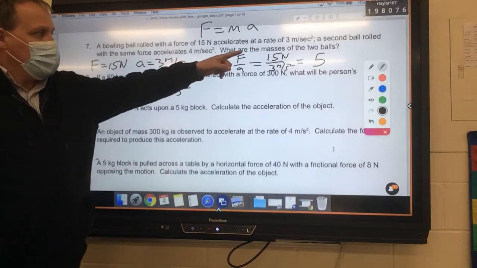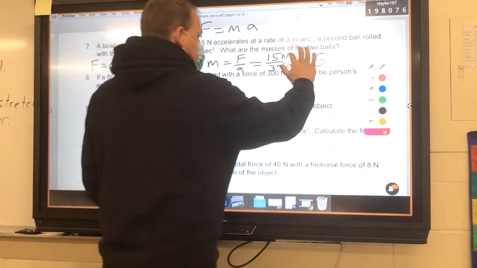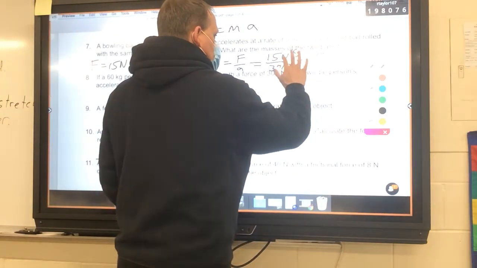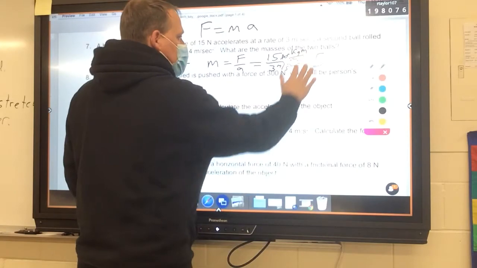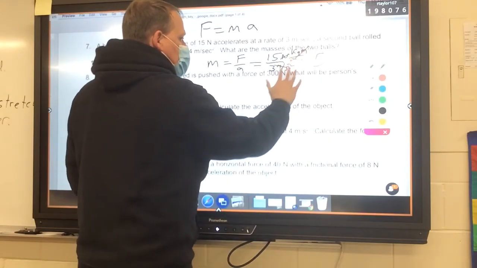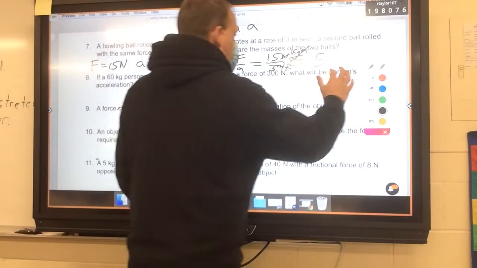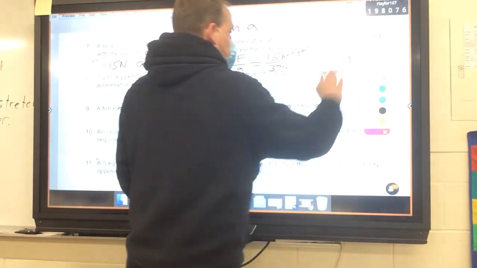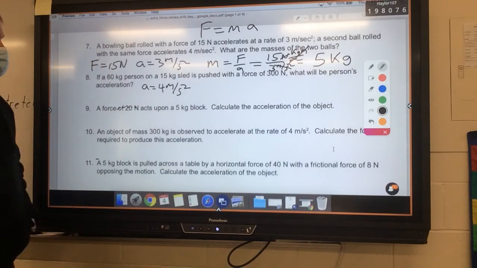But once again, a newton is a kilogram meter per second squared. Now the meters per second squared cancel out, and I'm left with 5 kilograms. So the bowling ball is 5 kilograms.